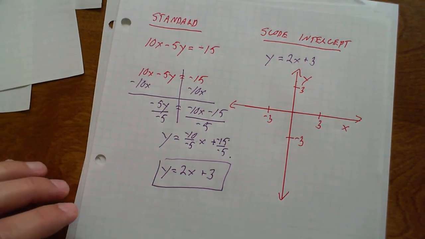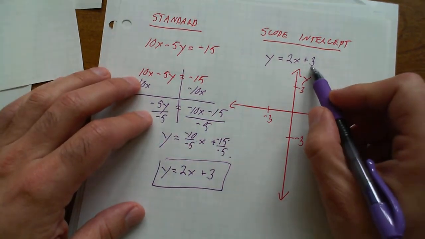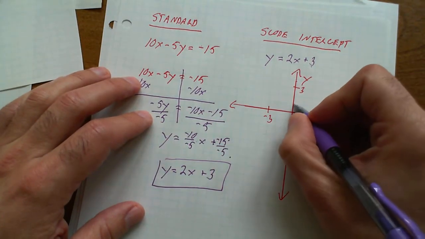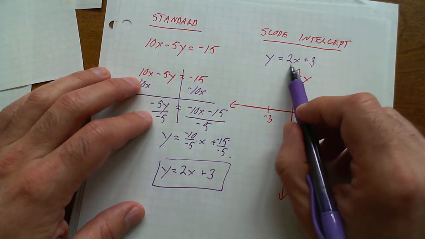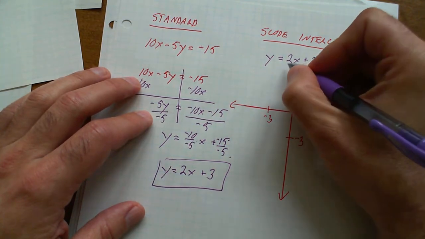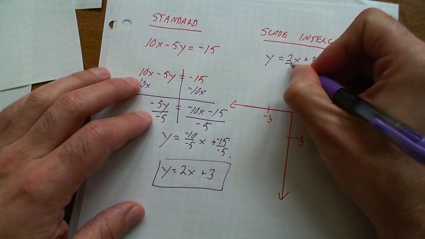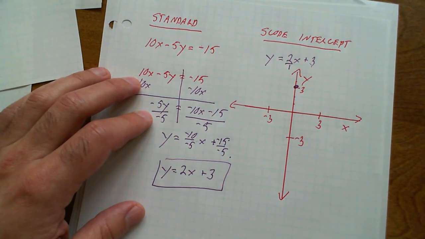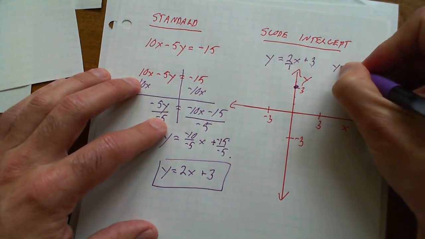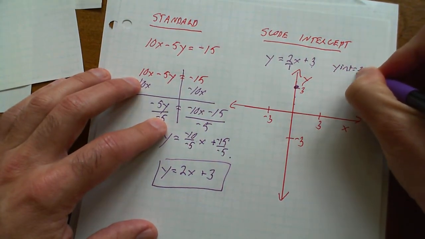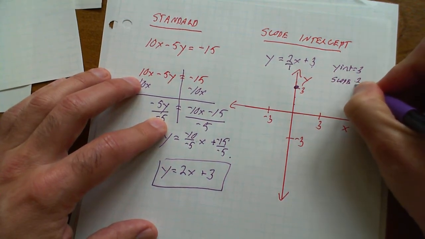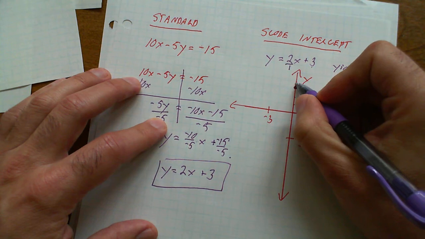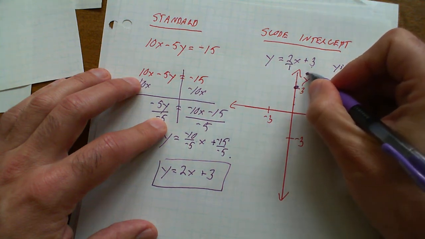Okay, so now we graph this. We have a y-intercept of 3. 1, 2, 3. And a slope of, what's my slope? Well, if there's no denominator, we can put a 1 there. That means I rise 2 and I run 1. So I rise 2, I run 1.